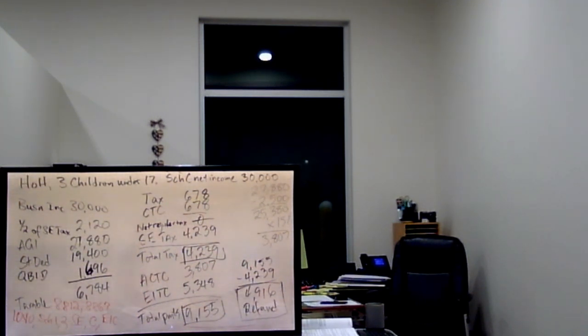Does the due diligence one go with all of them? Yeah, anytime you have head of household, child tax credit, or earned income credit, or American opportunity credit, you have to do an 8867. But if you're just doing a simple W-2 tax return for a single person, then you don't need to do that one.